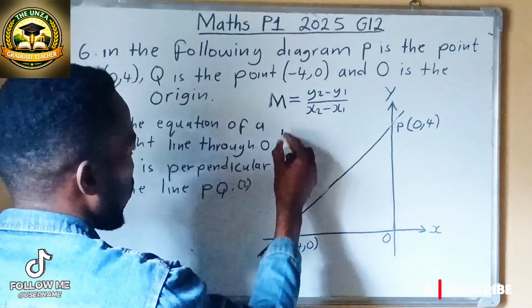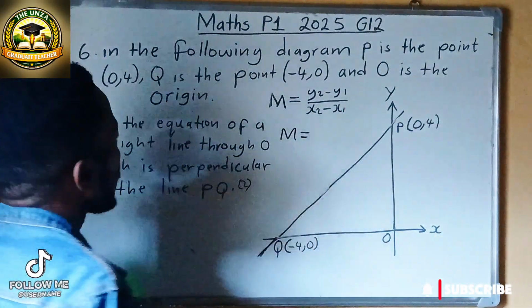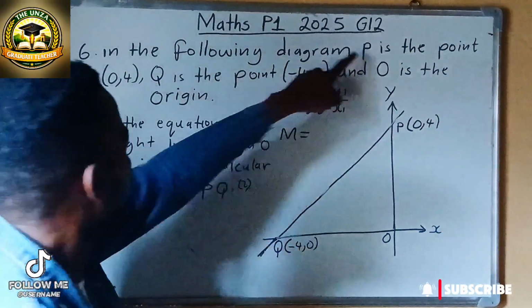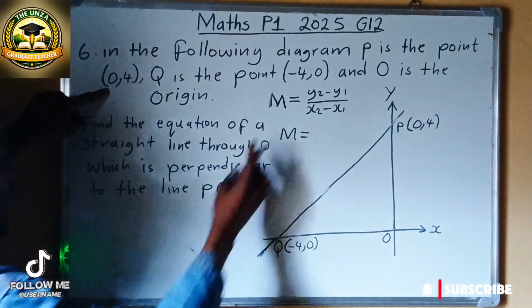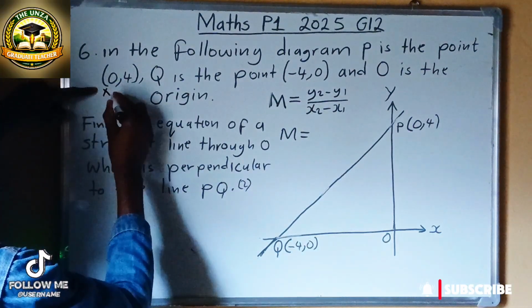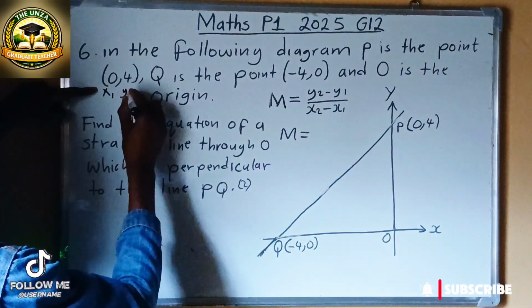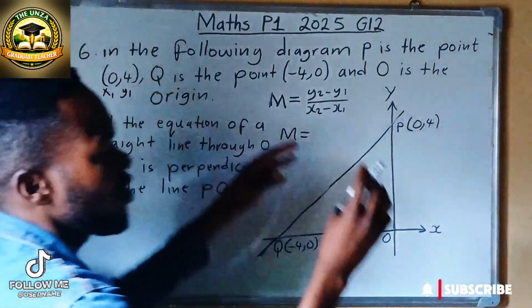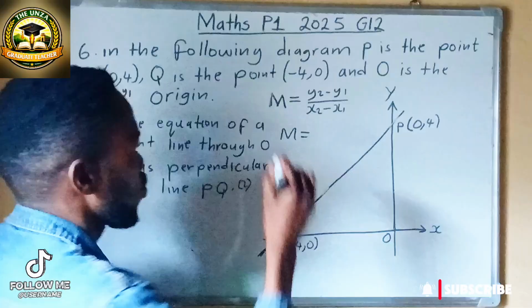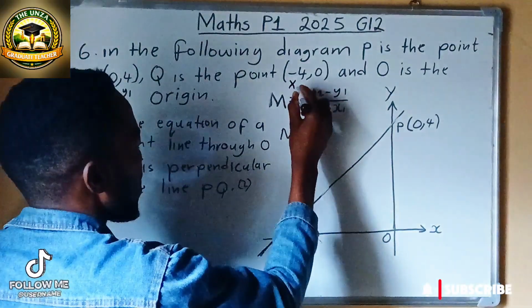You can choose between the points. The point for P is this one, and the point for Q is this one. You can make this one x1, y1, and the other point will be the values of x2, y2.